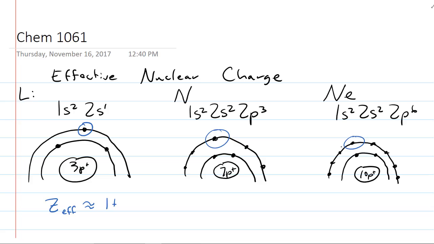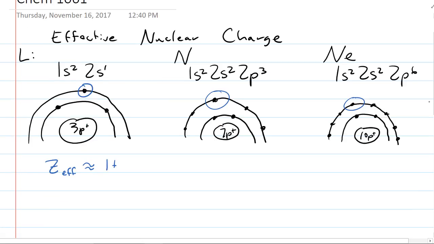Just 2. So when we determine the effective nuclear charge here, since this nucleus is being canceled out by only 2 inner level electrons, the effective nuclear charge experienced by a valence electron in this case would be about 5 plus. And in the case of neon, the effective nuclear charge here would be approximately 8 plus.